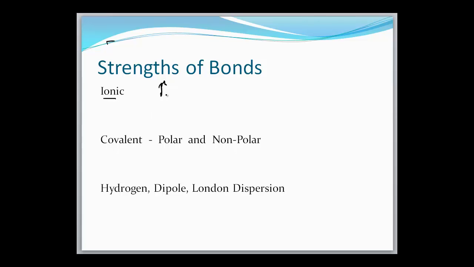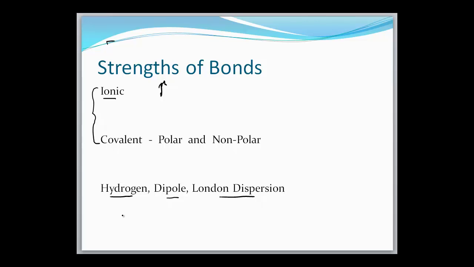So typically we say that ionic compounds have the strongest bond, even though that's a very, very general statement. There are many, many exceptions to this. Next, we would say covalent bonds have the next highest strength. Right, what we're really concerned with, though, is hydrogen bonding, dipoles, and London dispersions.